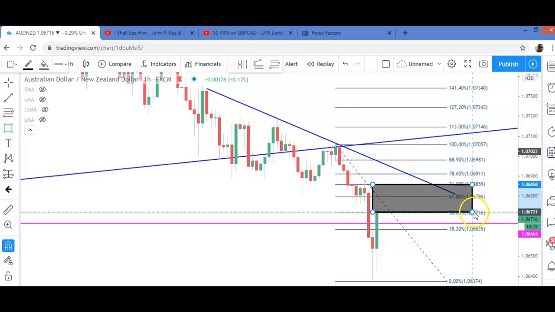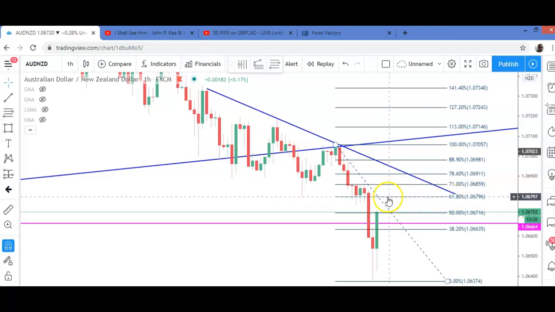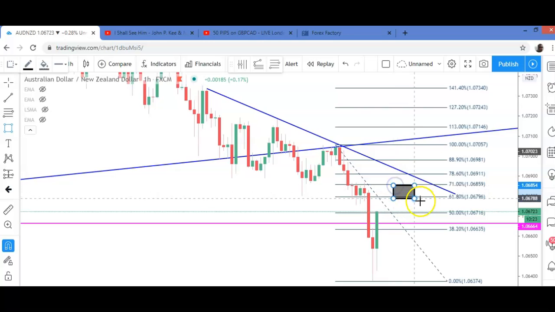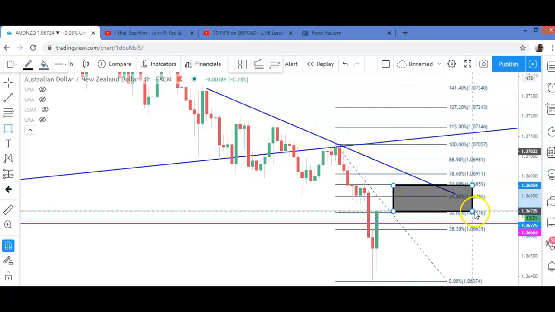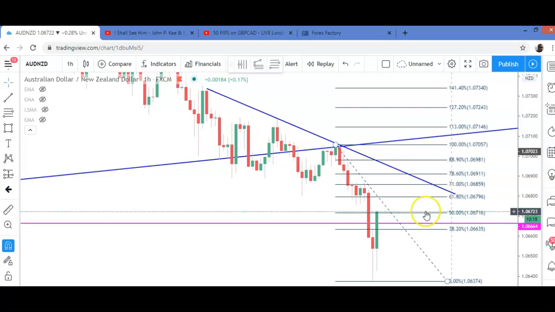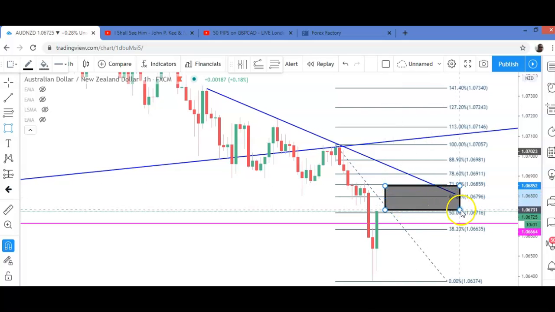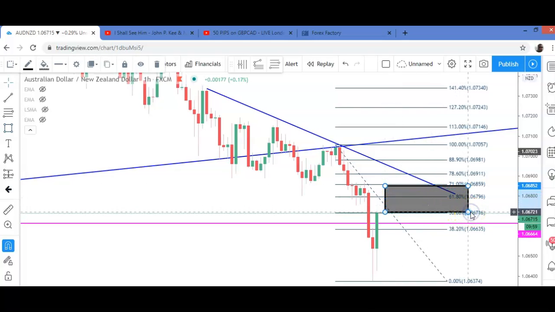It could terminate someplace around here. What just happened to my triangle? It can terminate someplace around here. Or, like I said, rally up to the resistance line that we drew above.